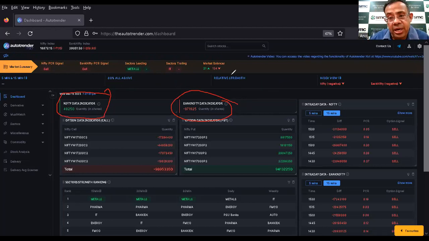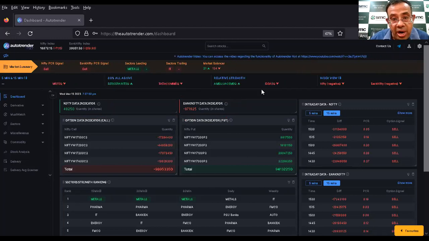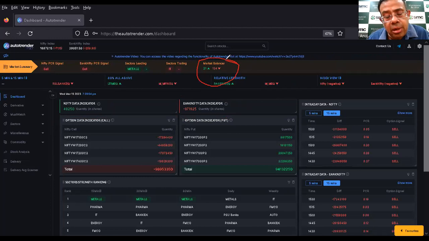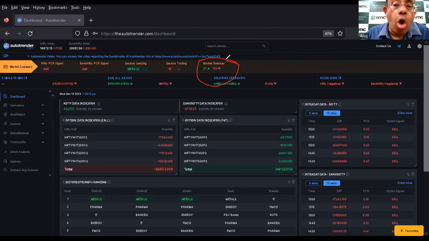The second initial indicator we are providing you over here is the market balancer. The market balancer has a very important role because it gives you the data for the stocks, how the data is spanning for F&O stocks. Look, the thing is that the market cannot move in isolation.